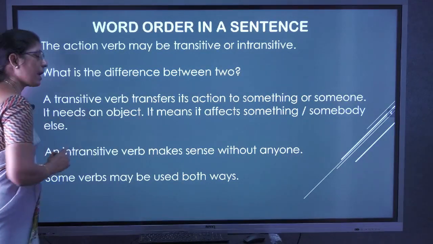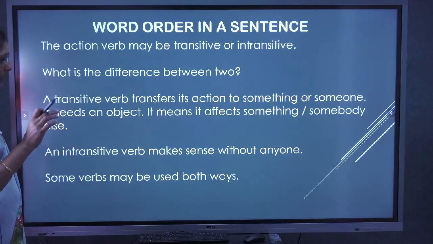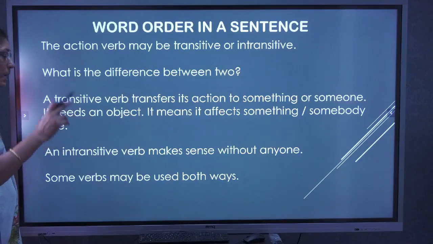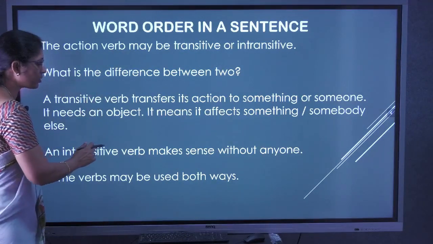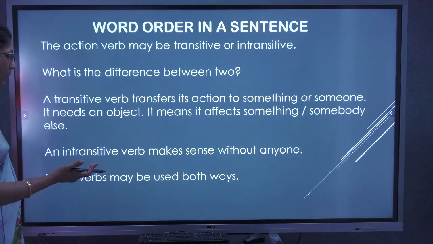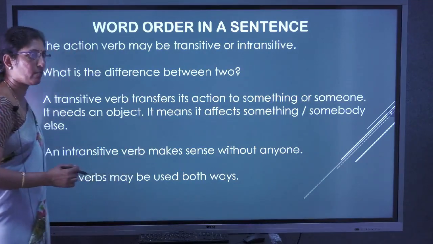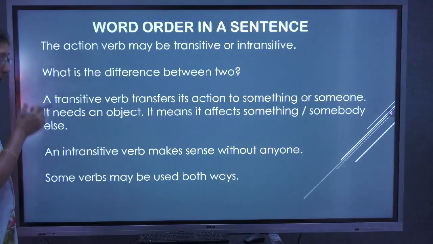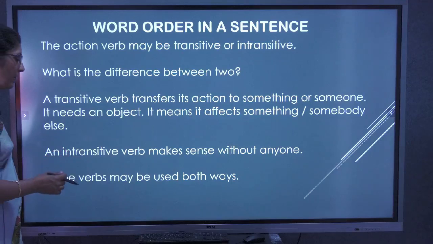Then it needs an object. That means if we use a transitive verb in the sentence, it needs an object. On the other side, the intransitive verb means there is no movement of action. Okay? So an intransitive verb makes sense without an object because there is no movement of action. And some verbs may be used in both ways, maybe transitive or intransitive.